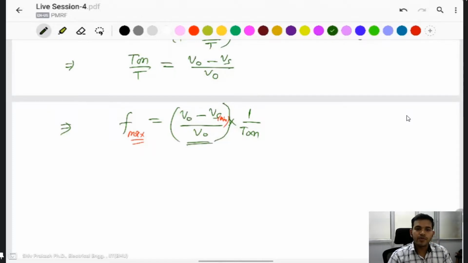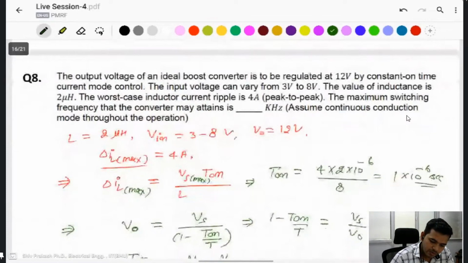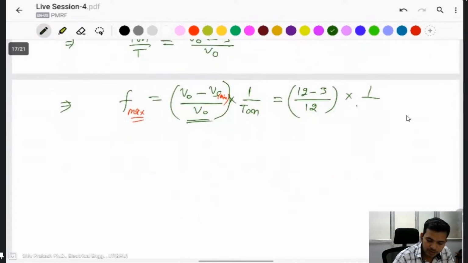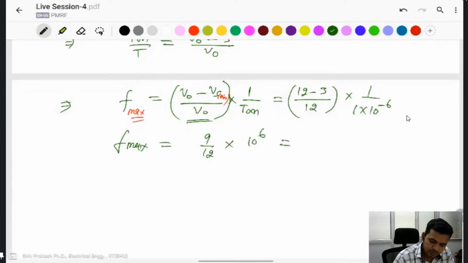When Vs is minimum, the frequency will be maximum. V naught is given as 12 volt, minimum Vs is 3 volt, T on also 50 kilohertz.